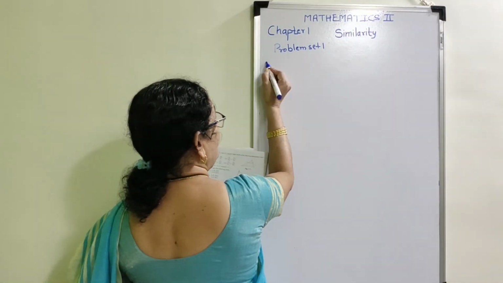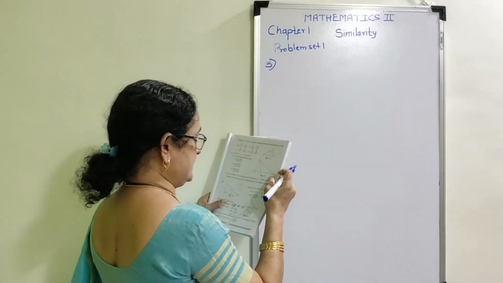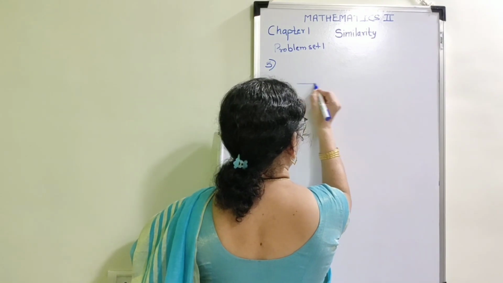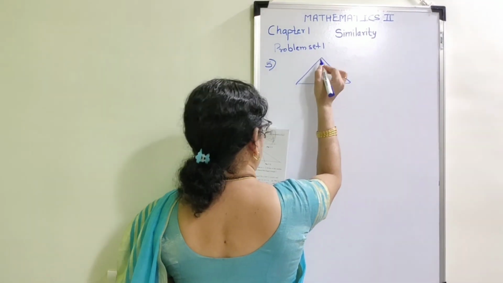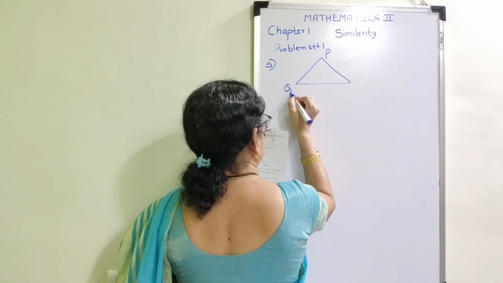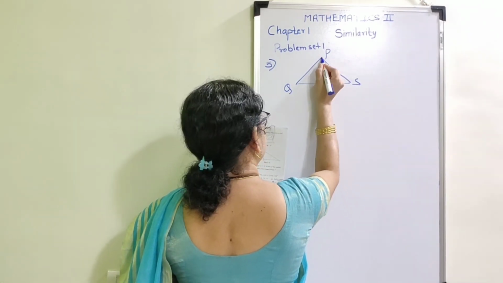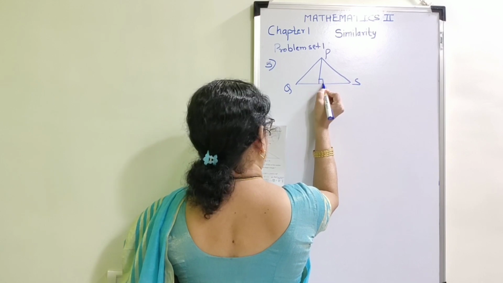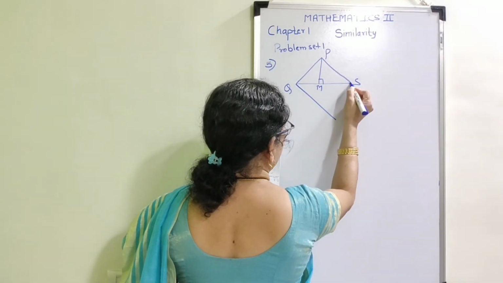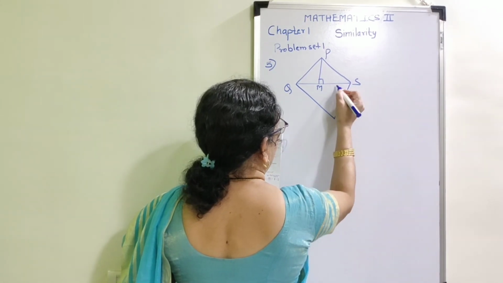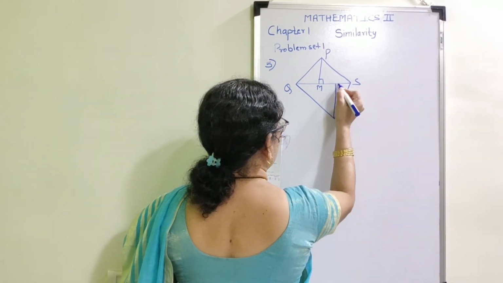Now, first of all, try to understand the figure given in example number 5. Two triangles are given. First one is triangle PQS. Height of this triangle is PM. Second triangle is given. Height of this triangle is also given.